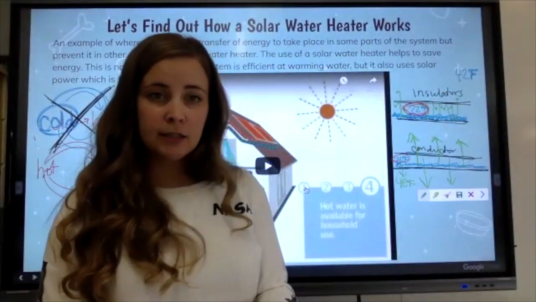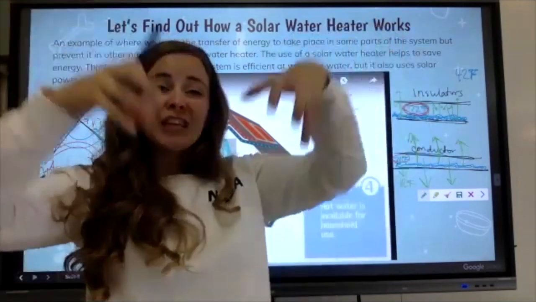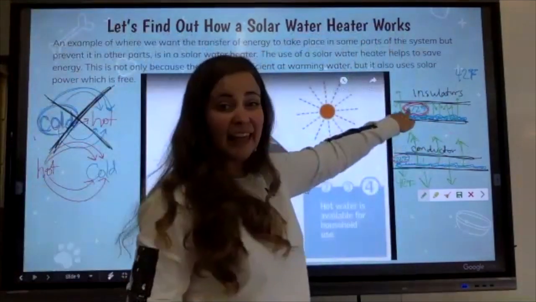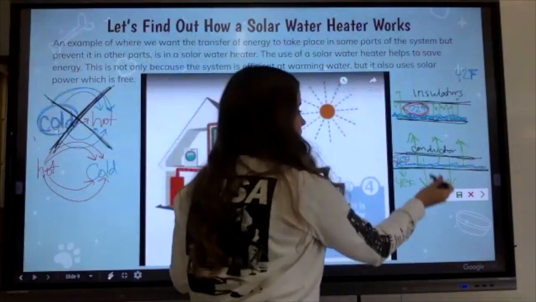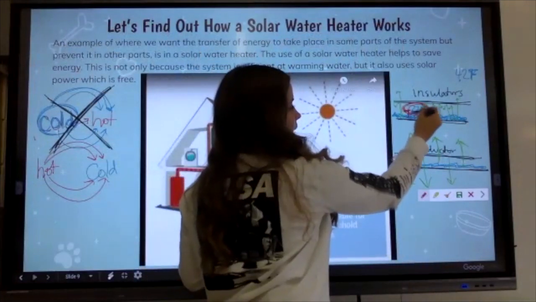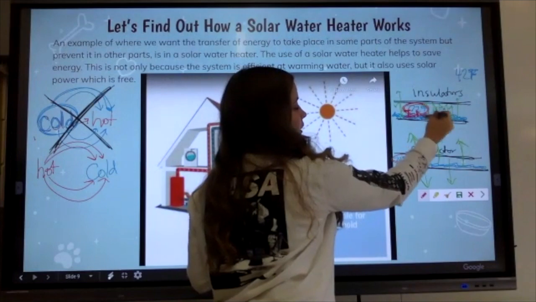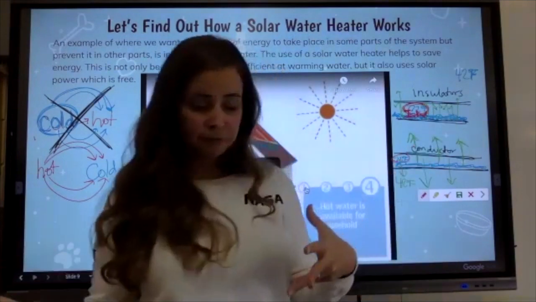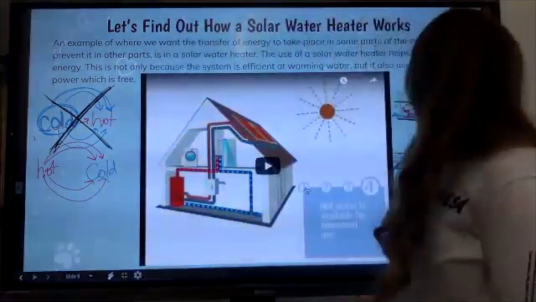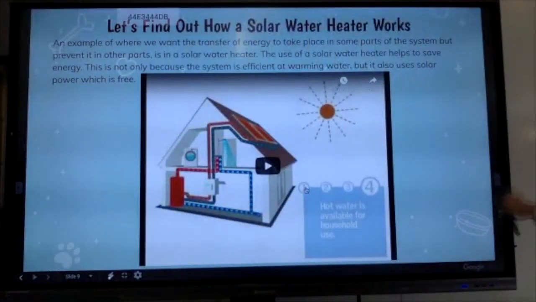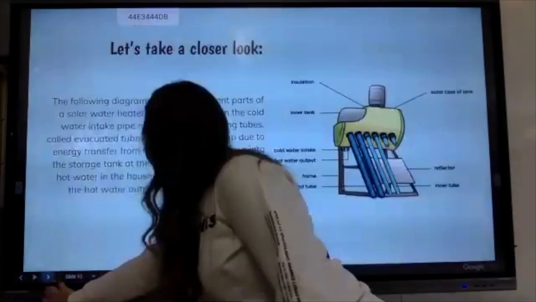Does that make sense? So insulators keep the heat in its place, where it is supposed to be. So let's go to our next slide and see what else we can figure out here.